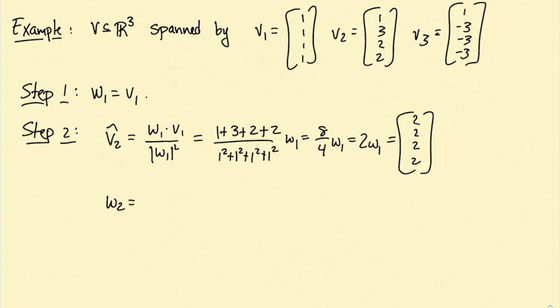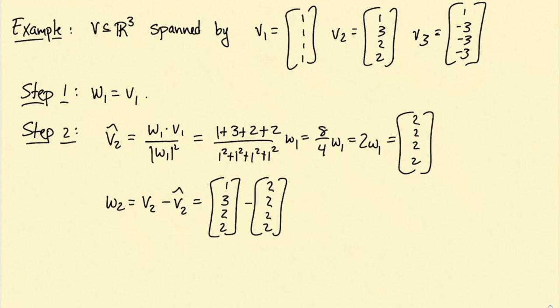So we get 8 over 4 W1, which is 2 W1, which is simply the vector 2, 2, 2, 2. To find W2, we take V2 and subtract the vector V2 hat from it. So we're left with -1, 1, 0, 0.